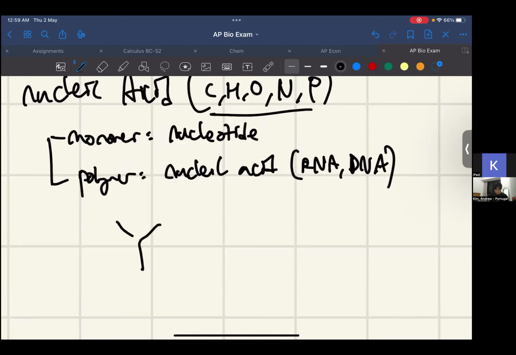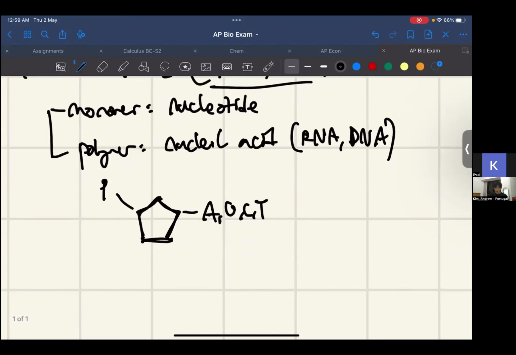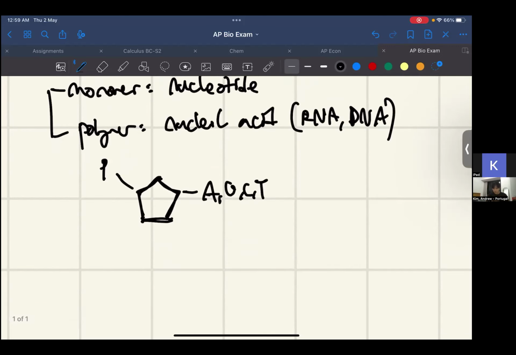Nucleotide looks like this. You have a P group, phosphorus group. You have A, G, C, T, and then you have this oxy or deoxyribose, okay? Now, if it is a ribose, it's going to be RNA. If it's a deoxyribose, it's going to be DNA. Deoxy, so it starts with D, so DNA, right? So it's R, so it's going to be RNA, okay?